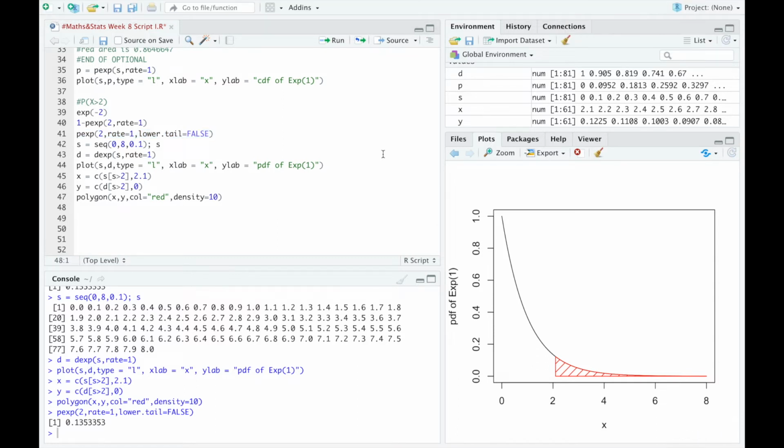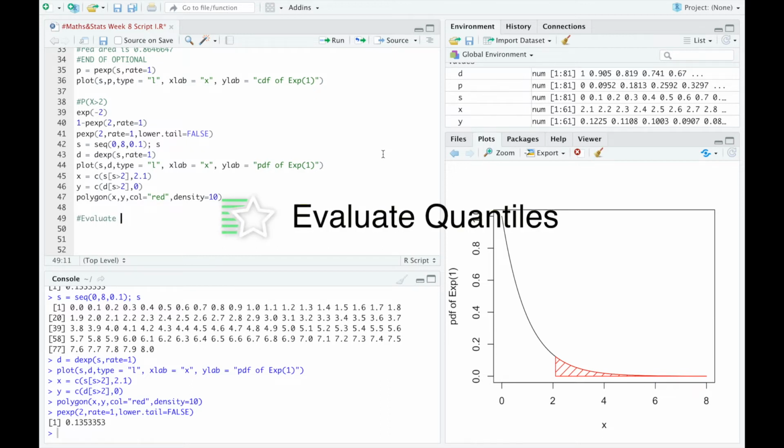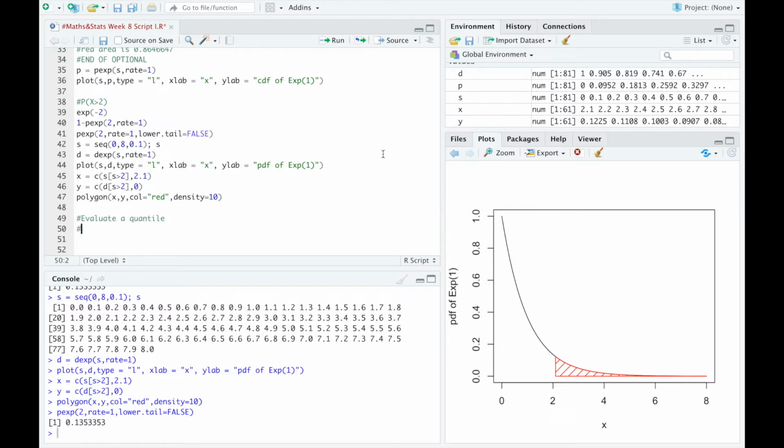Let's move on with the next topic, which is how to evaluate a quantile. Great. So the command to do this is q for quantile plus the distribution token as usual.